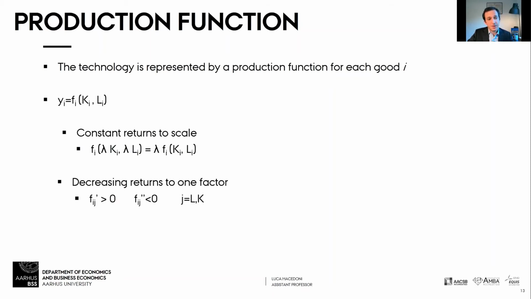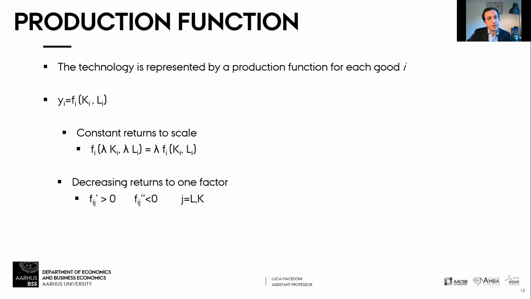In particular, to produce y_i units of a good i, we're going to combine in a function f, capital K_i that you use in industry i, with the labor L_i that you use in industry i. Here we're going to assume constant returns to scale, so that if you double capital and labor, you're going to double the output.